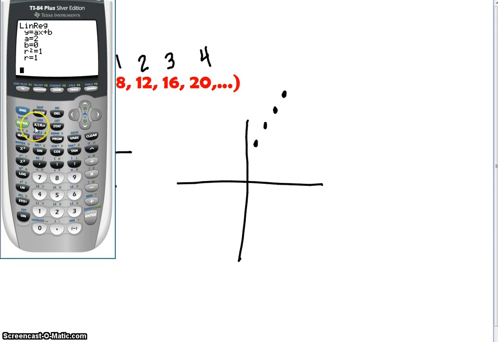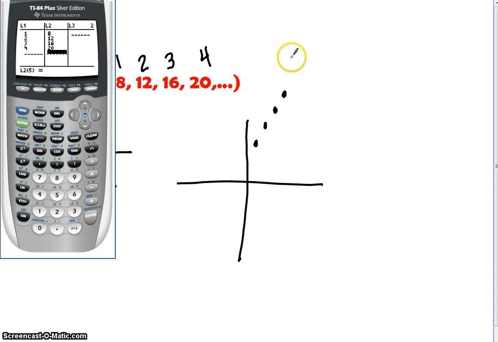And then to turn that into an equation, I go to Stat, and I've got to have it go all the way to 4. Whoops. 1, 2, 3, 4. And then my L2 is my Y values, which is going to be 8, 12, 16, and 20.